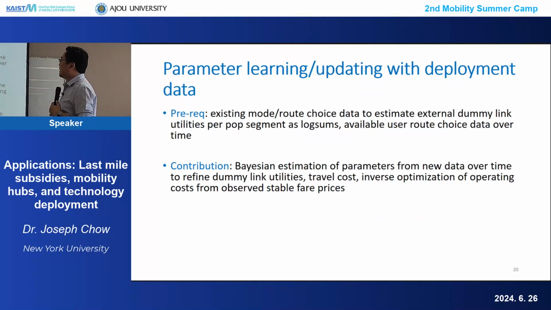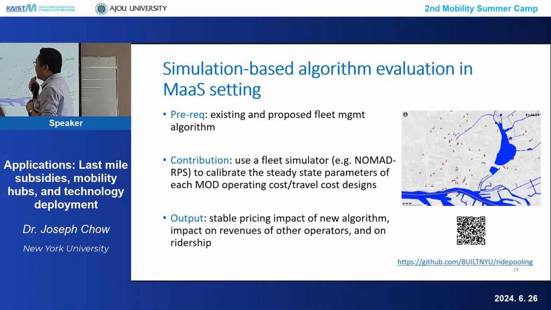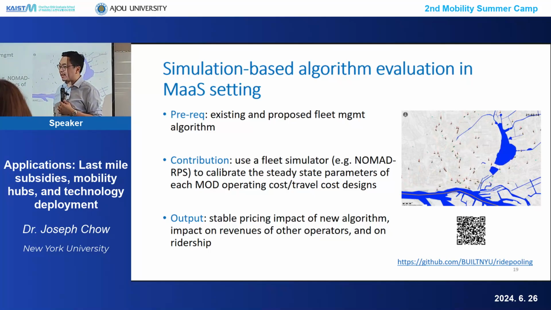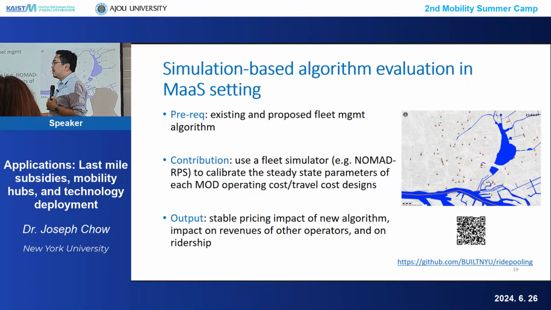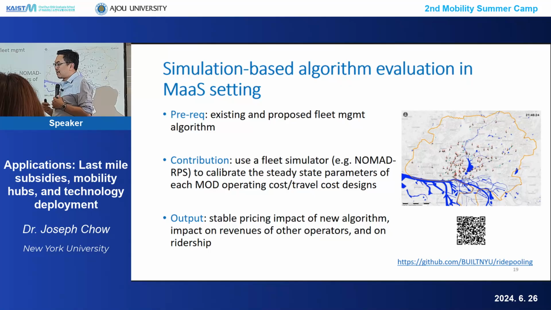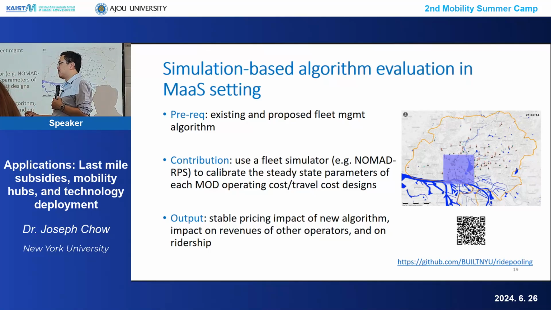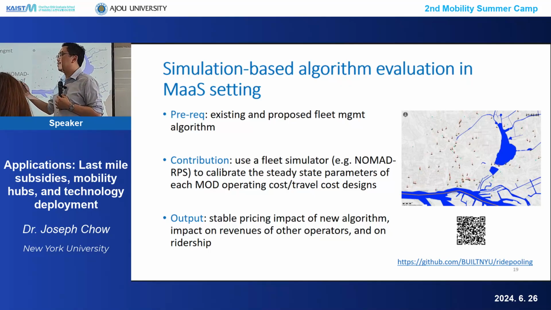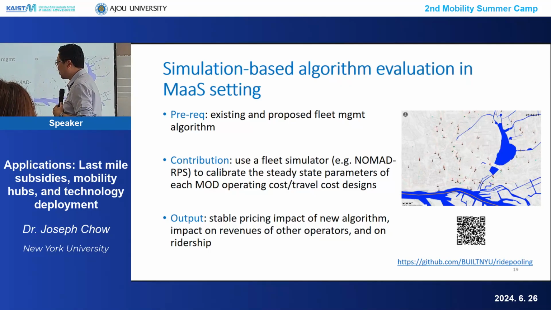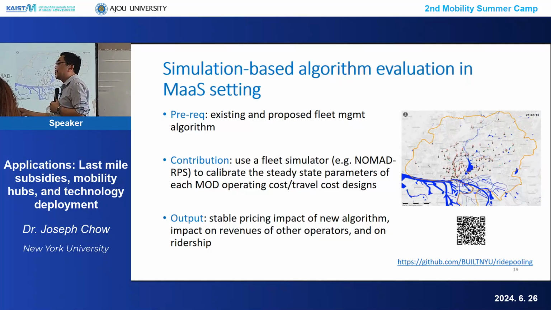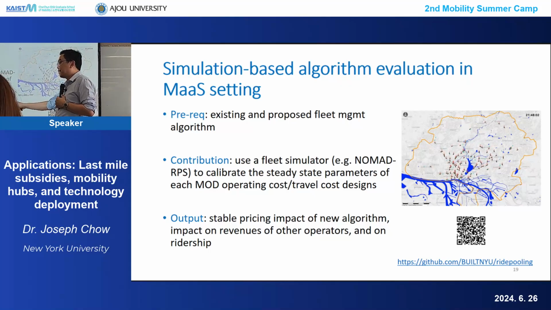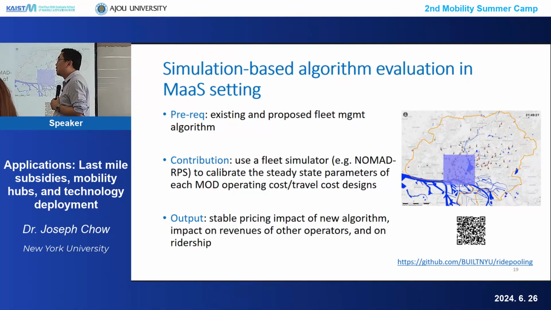The idea is that if you have a certain type of service operating in a certain way with an algorithm, you can collect data on average operating costs for different travel OD pairs. You can get average travel times, maybe on average 1.2 times the taxi time it takes to get from place to place. But now you switch the algorithm. Maybe you have an algorithm that makes people travel a little farther to get to the stop, but it reduces the cost of operating the service.